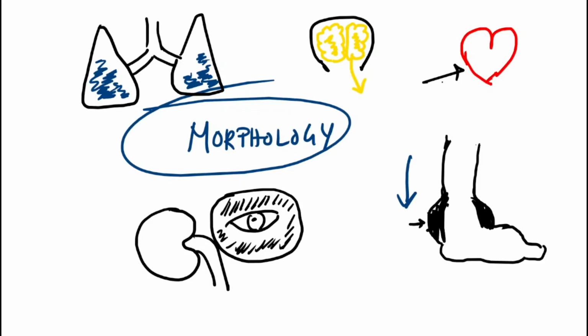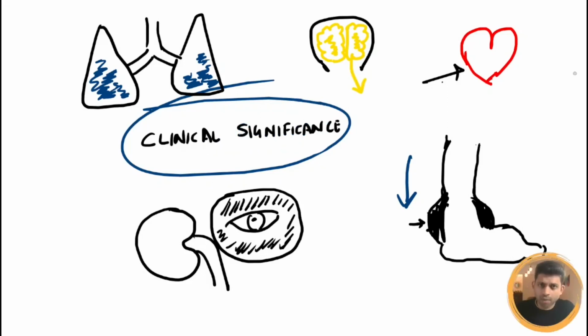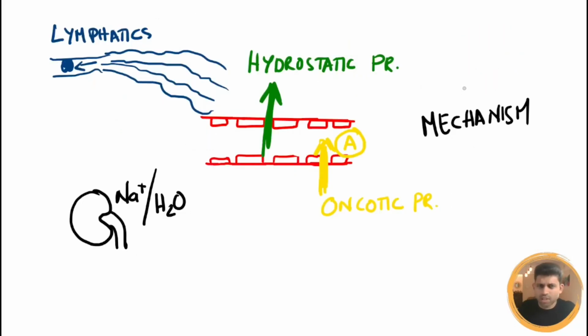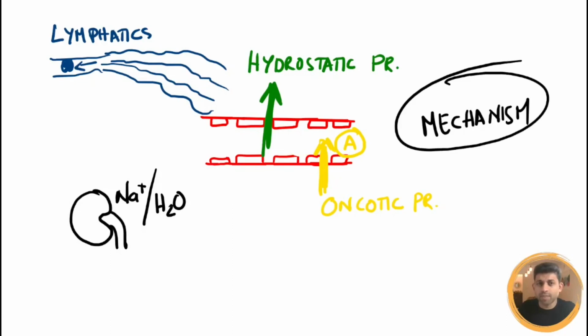Edema may be harmless or fatal depending upon the location. For example, pedal edema may be just annoying, while pulmonary edema can cause hypoxia and cerebral edema can cause brain herniation and death. As far as edema is concerned, always think of the mechanism behind it before answering.